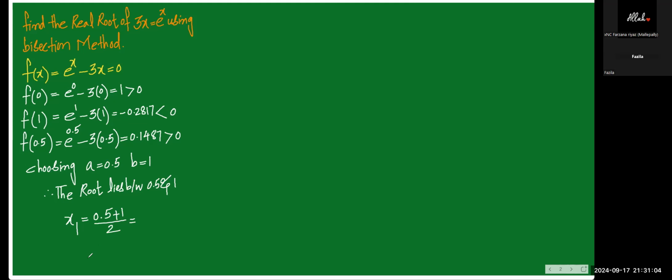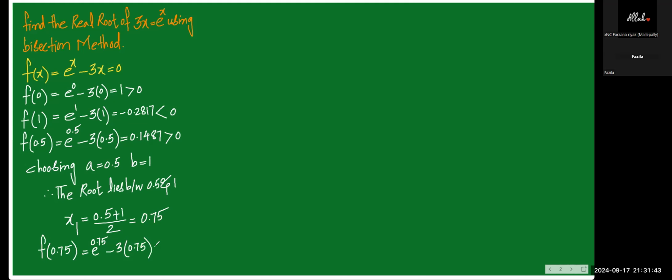We will put it in the function. If the result is positive, it replaces b; if negative, it replaces a. 0.75 is not necessary. This one we have to put in our function, that is e power 0.75 minus 3 times 0.75.